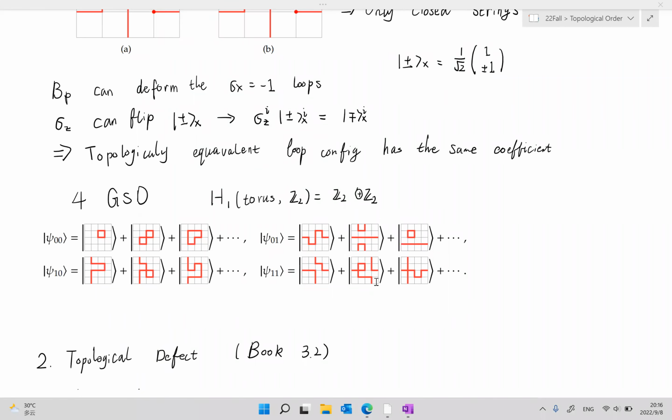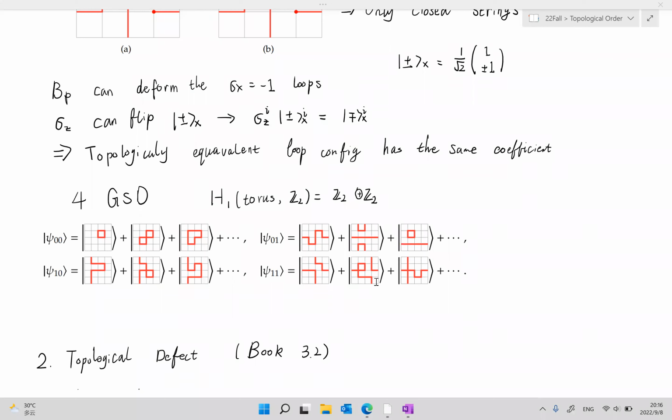You can write the torus as T2, which is S1 times S1, and then you can divide this into two parts: one is H1(S1, Z2), and times the other H1(S1, Z2). So H1(S1, Z2) is Z2.